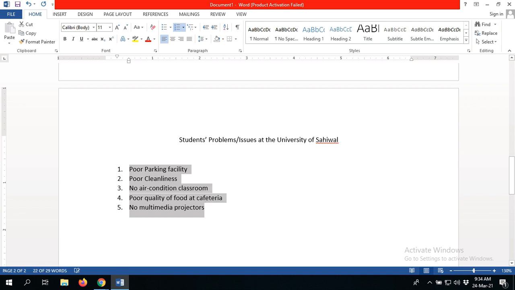They highlighted these issues. So let's talk to a first group of 10 to 12 individuals and try to know their problems. Then conduct an interview with another 10 to 12 students from a different class or department, and try to know the reasons.